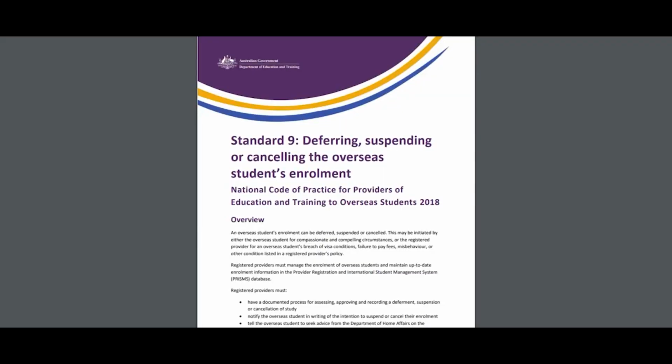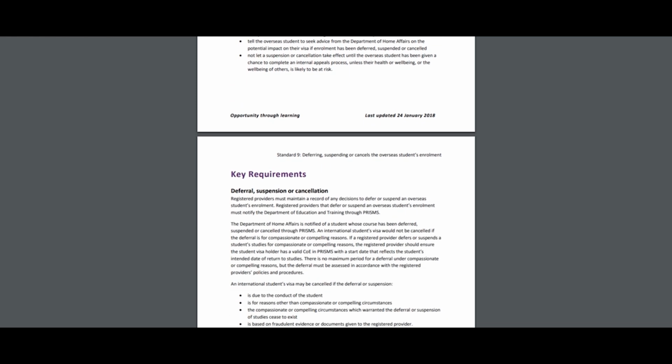Alright, now before jumping on to PRISMS to start reporting the students, you need to make sure that you do these things first. Inform the students about your intentions that you're cancelling their enrollment, refusing the release, and the implications that this may have on their visa. You need to inform them of their rights to access your complaints and appeals processes within the 20 working days.